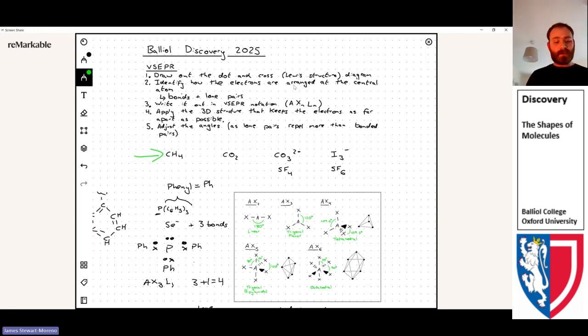So, in terms of going through this again, the VSEPR theory relies on the Lewis structure. So that is this sort of structure here. Okay. It also relies on you being able to look at the periodic table and understand how many electrons there are and how many it wants in order to become stable.